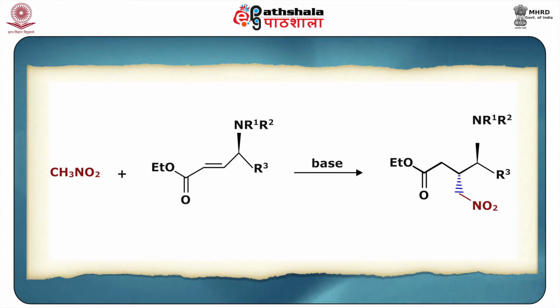In the presence of base, there will be generation of CH2 minus, because nitro acts as an electron withdrawing group. So, the base will take this acidic hydrogen, and this CH2 minus NO2 will attack this beta carbon to the ester, and what we get is this addition, which further on working with acid gives you this product.